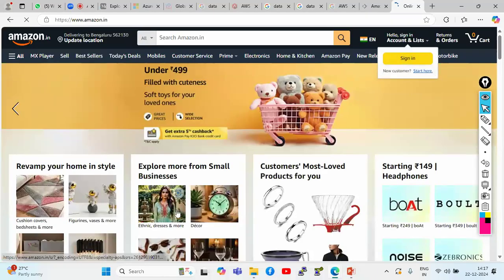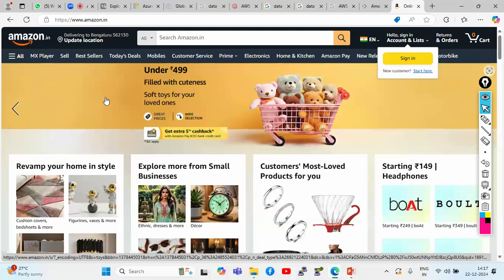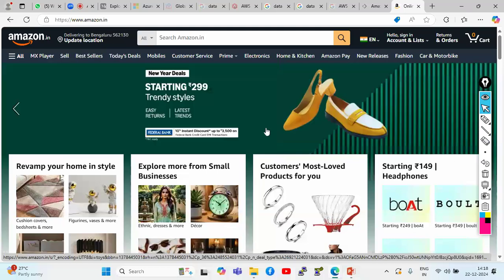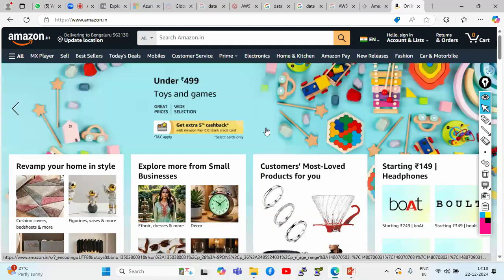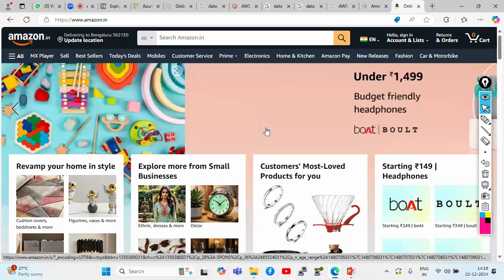Now what you see is a web page, right? It is made through HTML, CSS, JavaScript, React. These are the front end languages that have been used to create this web page. You must have heard of front end, back end, and middleware, right?